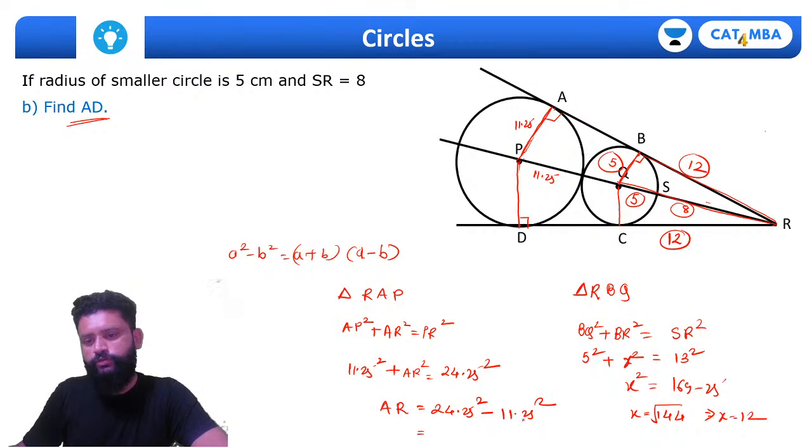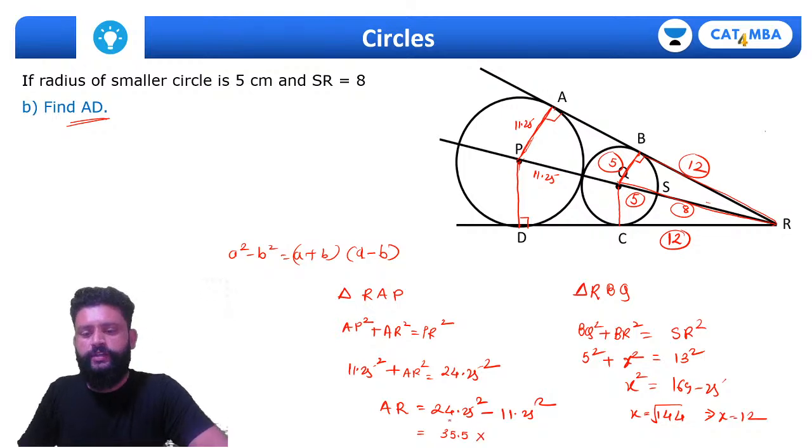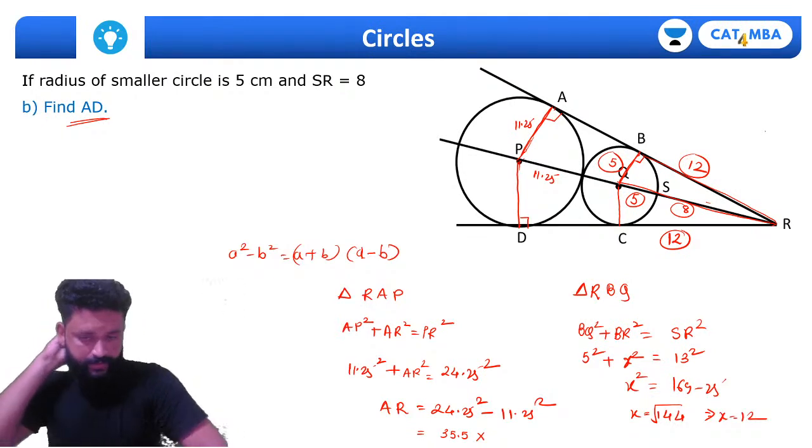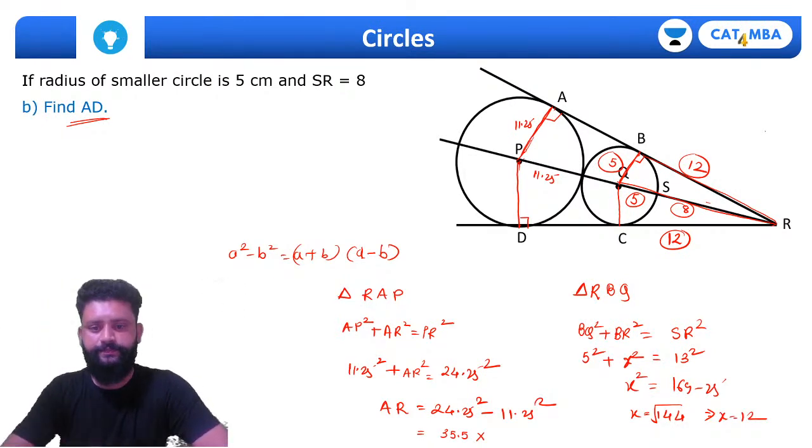So 24.25 plus 11.25 is 35.5, into the difference of these two, 24 minus 11, which is 30.